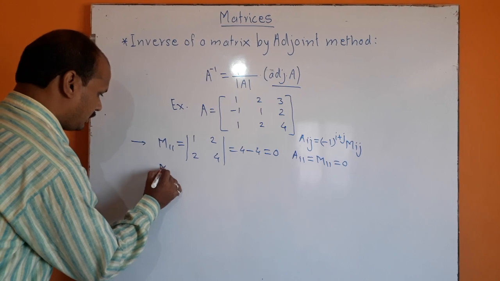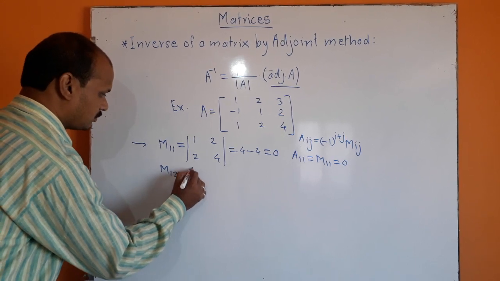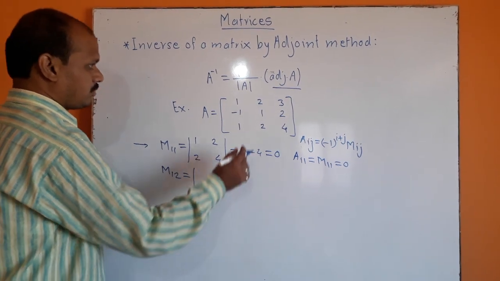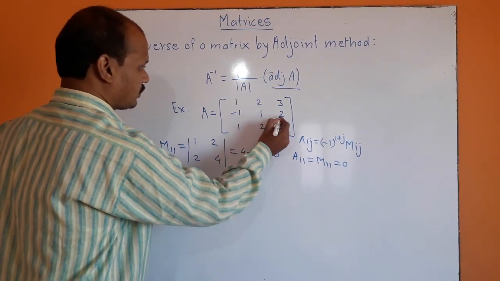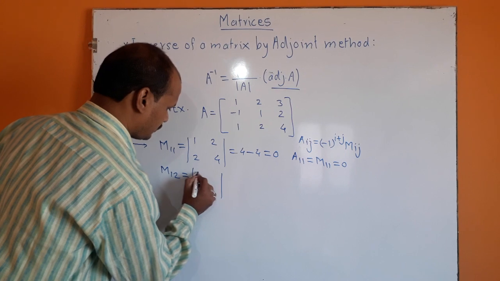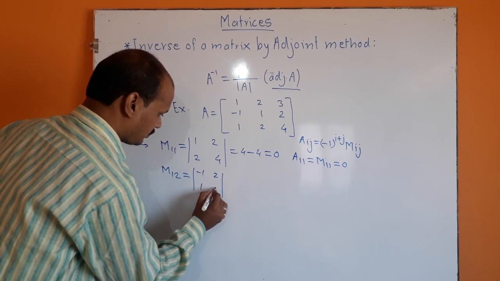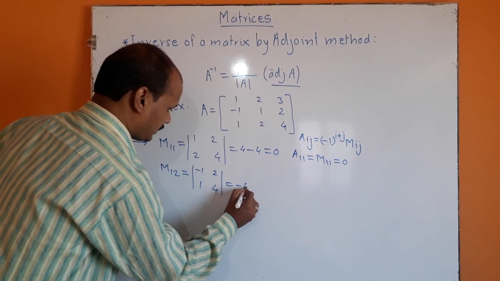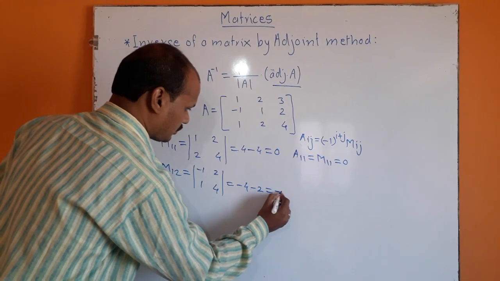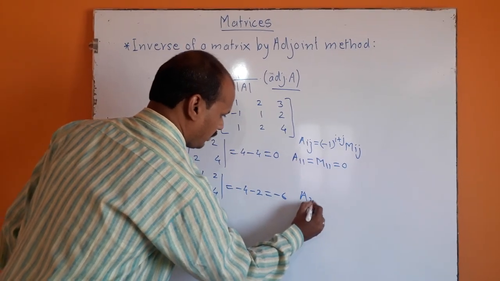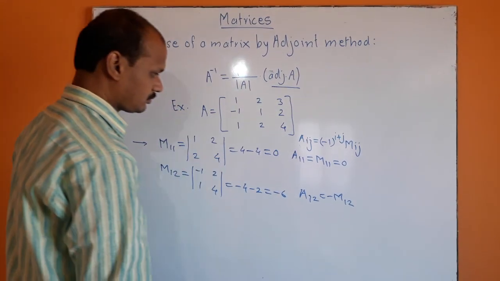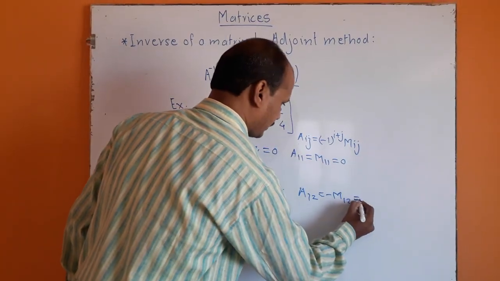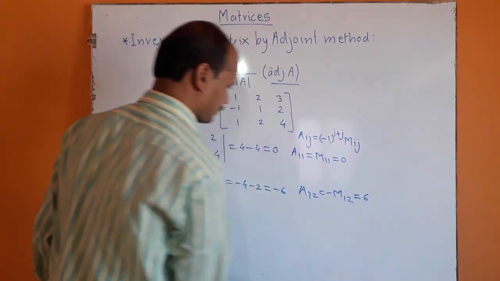Then M12, the minor of 2, striking off the first row and second column: determinant [minus 1 2; 1 4], which is minus 4 minus 2, equal to minus 6. A12 is equal to minus M12, which is equal to 6.